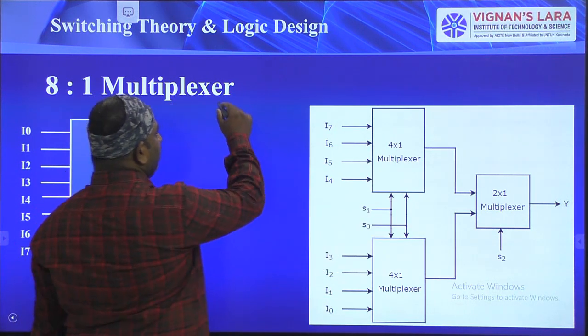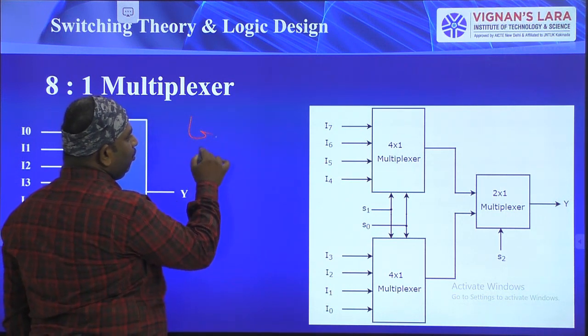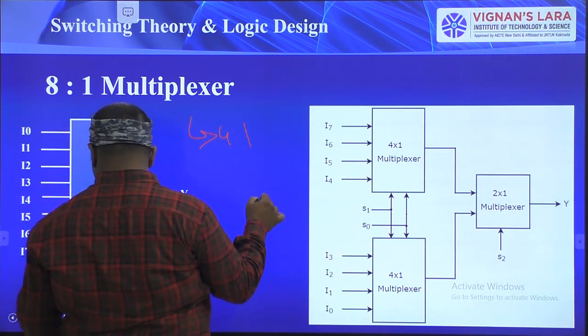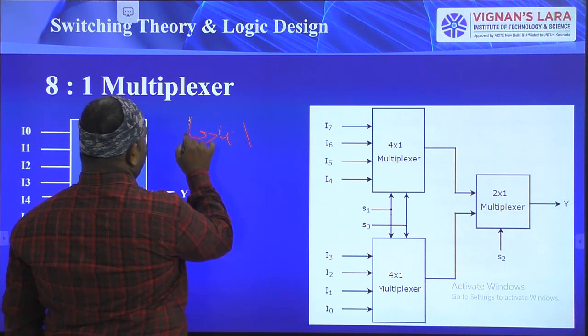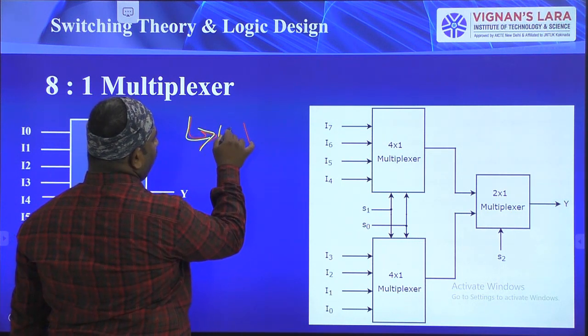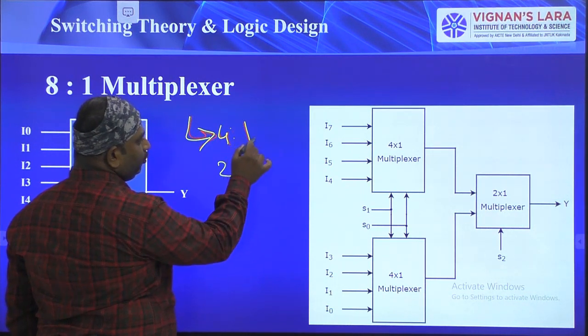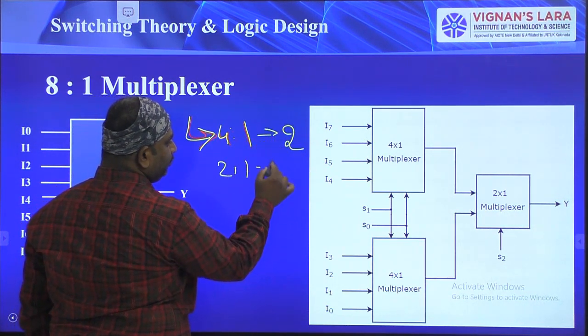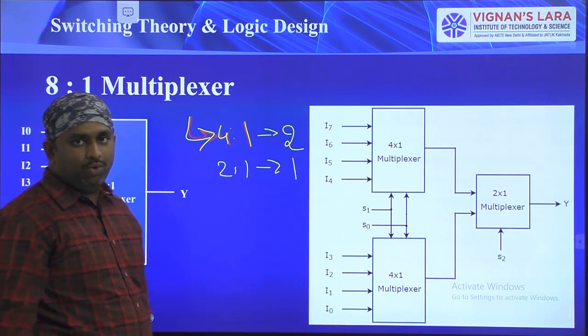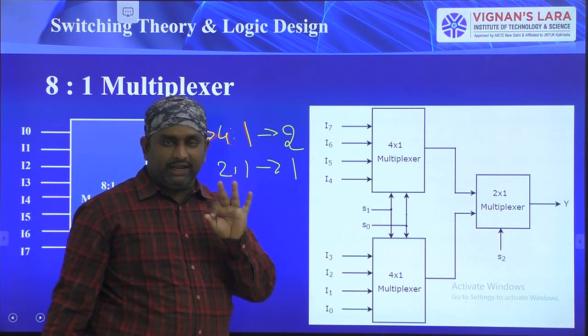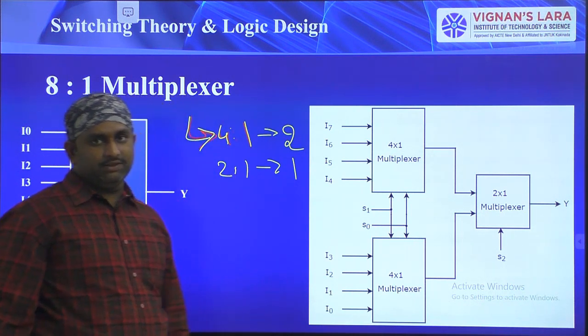For implementing the 8:1 multiplexer, we have taken 2 4:1 multiplexers and 1 2:1 multiplexer, totally 3 multiplexers.